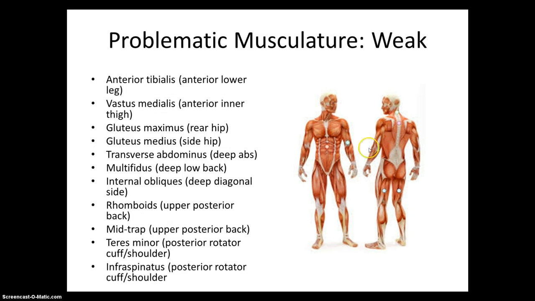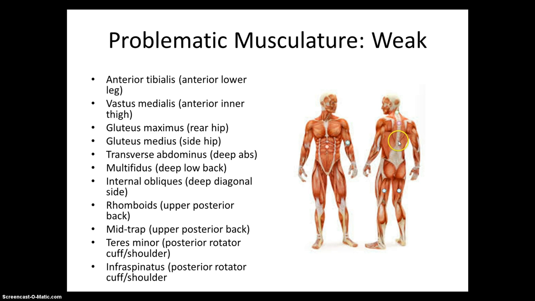Weak musculature, or where we're weak, is the anterior tibialis here on the front side of the lower leg. Vastus medialis, which is the anterior thigh here on the medial side. Okay. Glute med on the lateral buttock, and glute max, the larger muscle here on the buttocks. Transverse abdominis, which is a deep ab muscle that you cannot see, but its orientation runs side to side, thus the transverse.